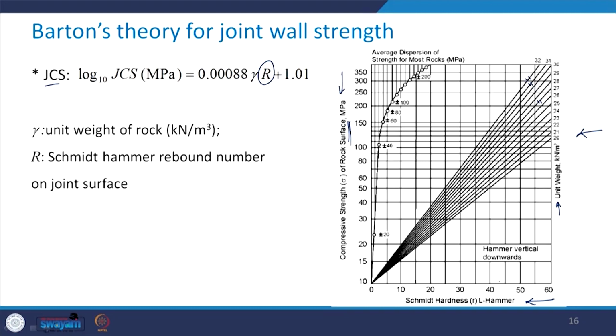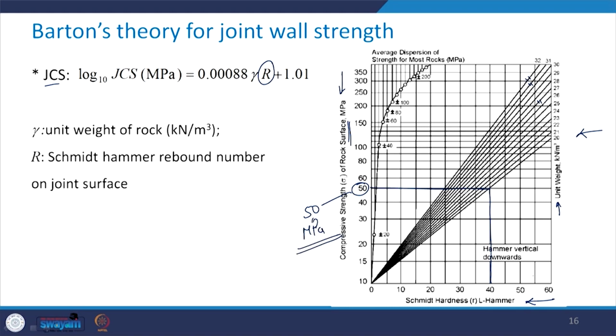You can pick a value of R, say 40. So, you will have it here, and then let us say that the gamma value is 20. You take it to this side and you will get the value 50 MPa.